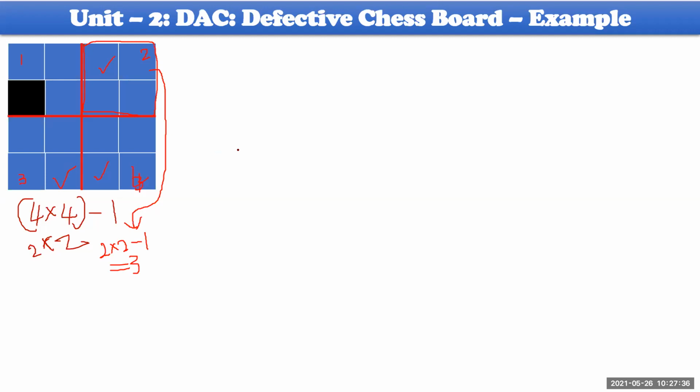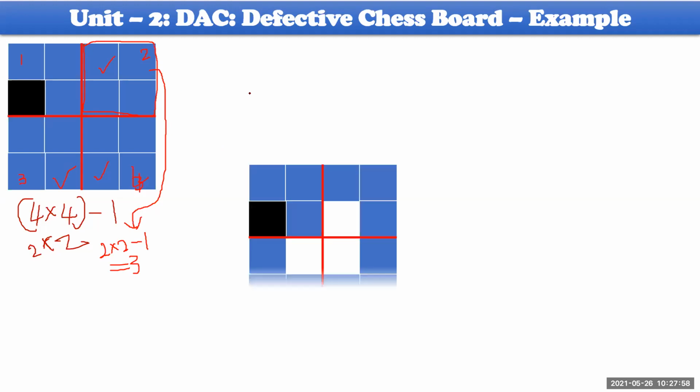This problem can be solved by introducing artificial defective tiles. Those artificial defectives are also supposed to frame a triomino at the end of the problem. How could that be done? You can see, this one is okay, and this one is non-defective.